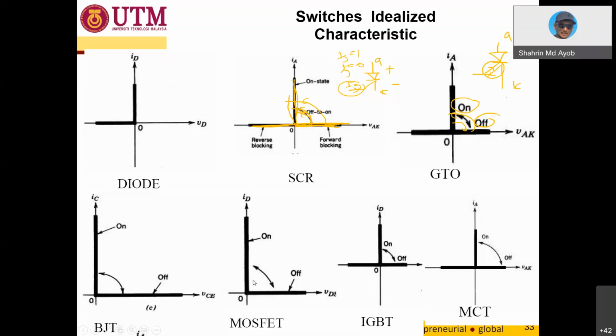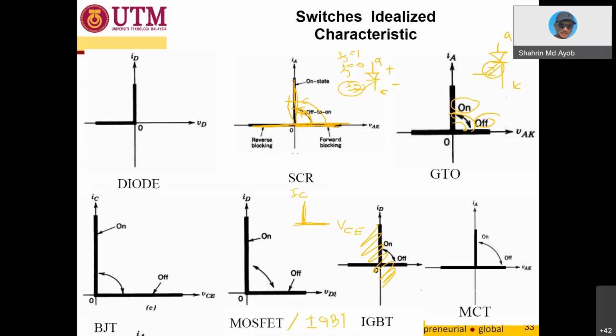Okay. The IGBT, sorry, this one I think is incorrect. So the IGBT is also the same. It is the same as transistors. The only difference is that this one is IC, this one is your VCE, right?